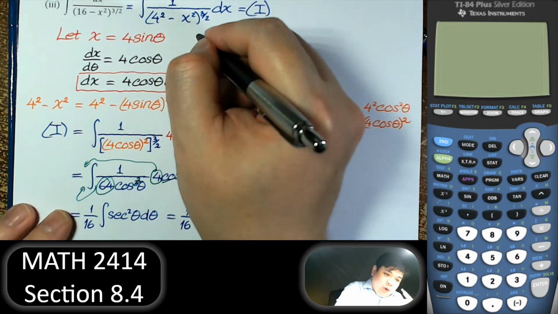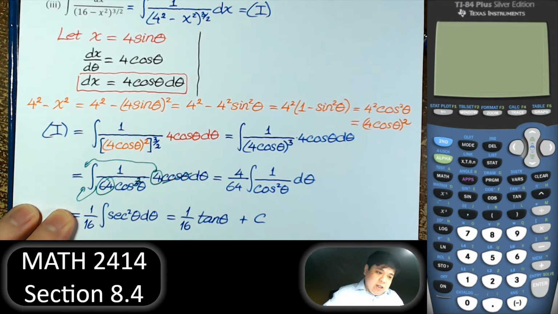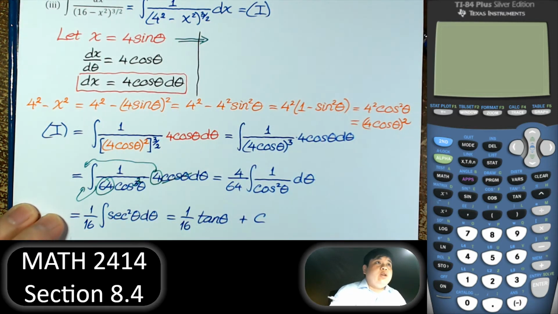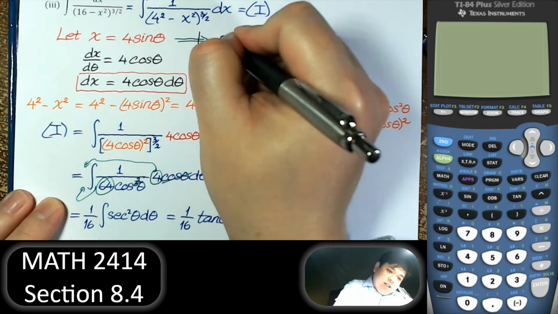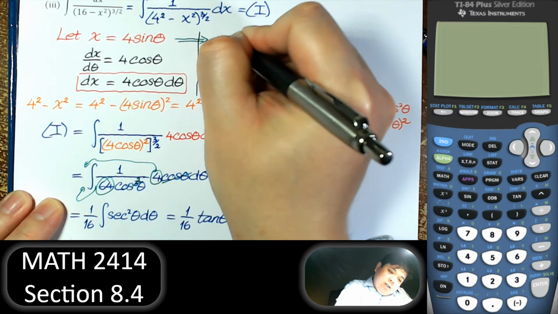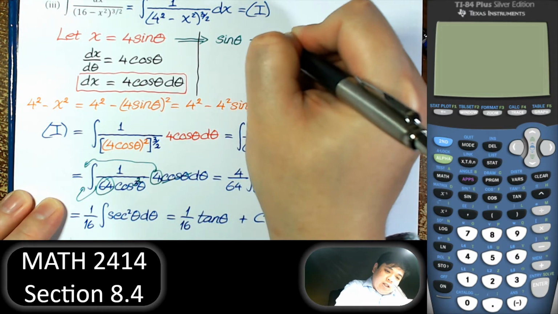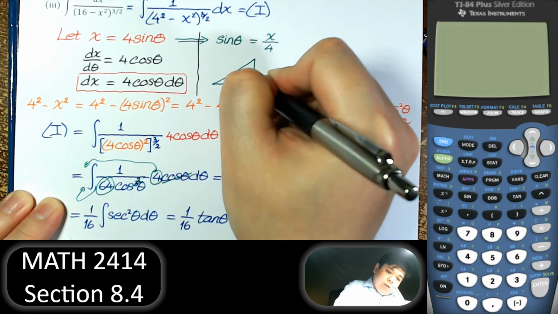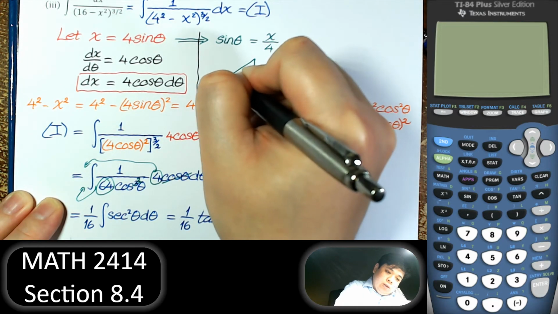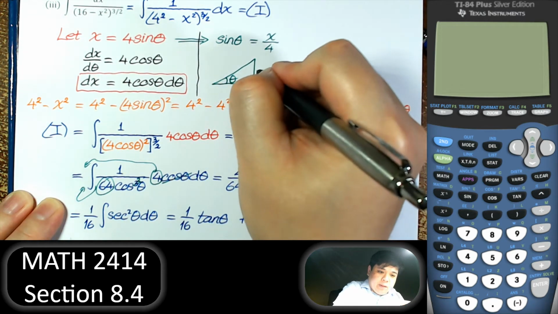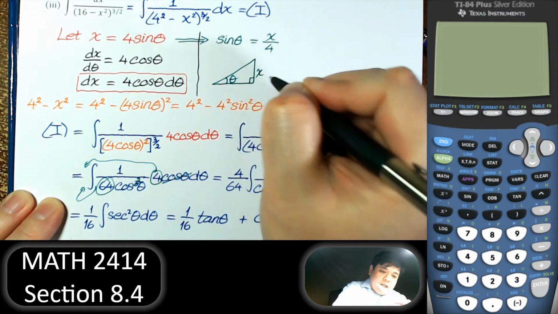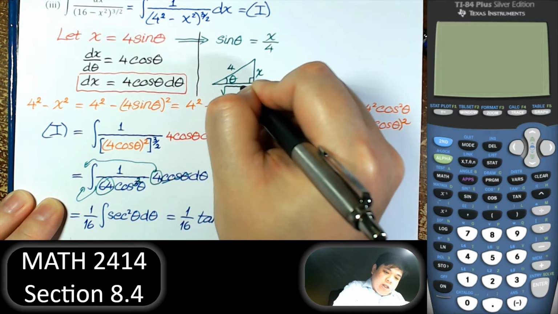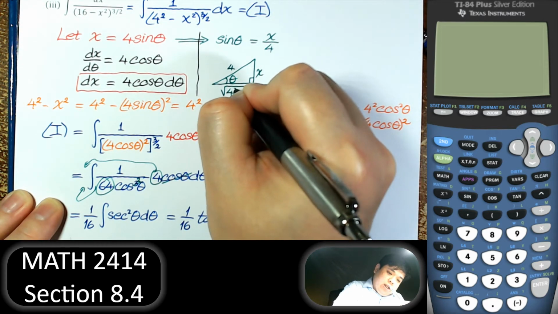For that, we go back to here. If x is 4 sine theta, we can solve for sine theta, which is x over 4. Opposite over hypotenuse, the adjacent will be the square root of 4 squared minus x squared.